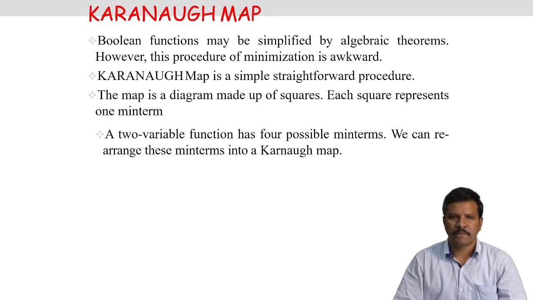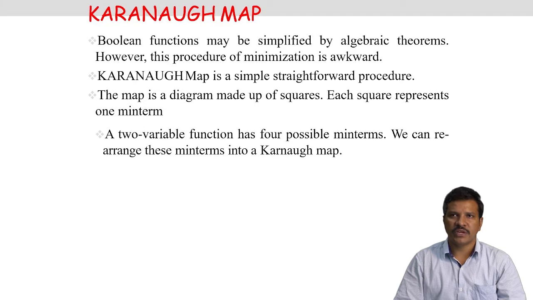What happens when we increase the number of variables in the Boolean function? The Boolean function may have 4 variables, 5 variables, 6 variables. As we increase the variables, it is somewhat difficult to apply the Boolean theorems, Boolean algebra or basic axioms.